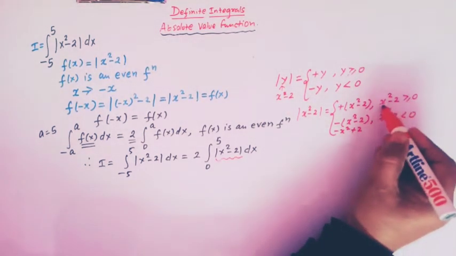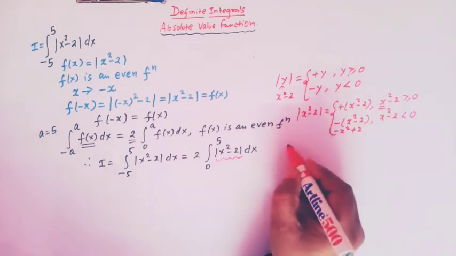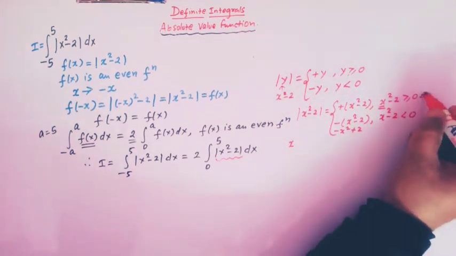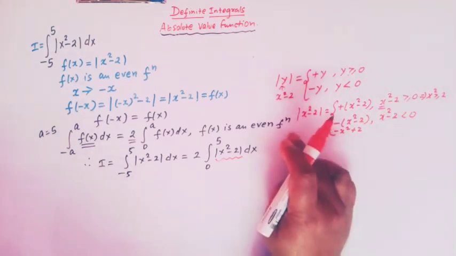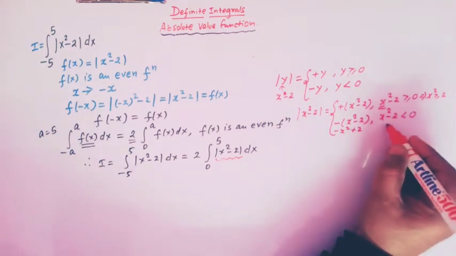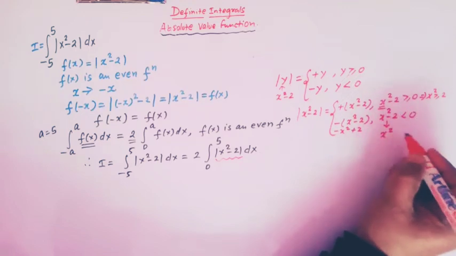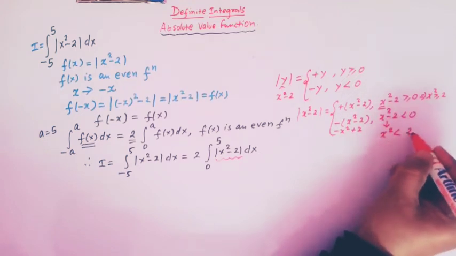Now let us take these inequalities. Here we have x square is greater than or equal to 2, and for the other case we have x square is less than 2.